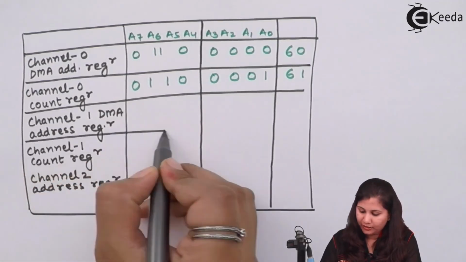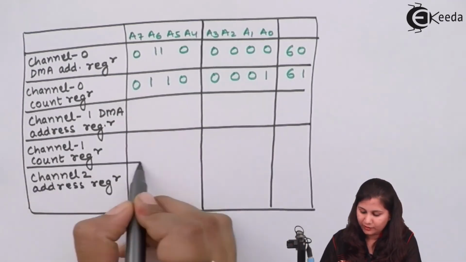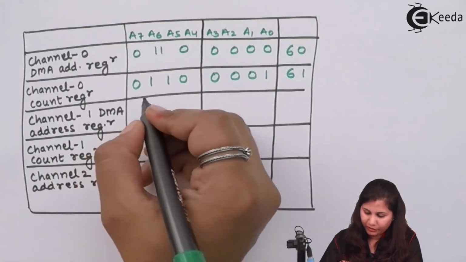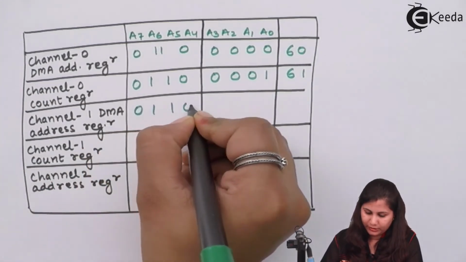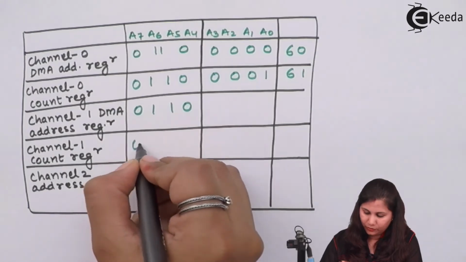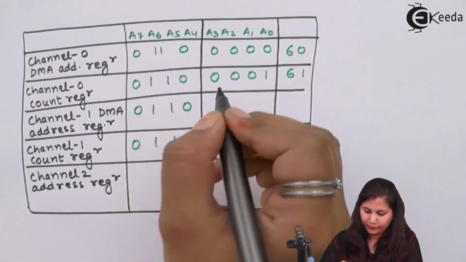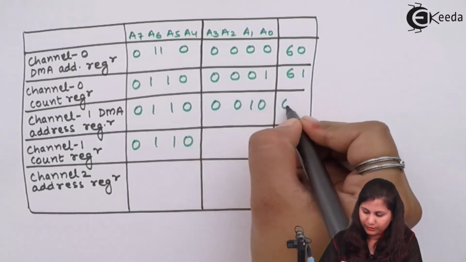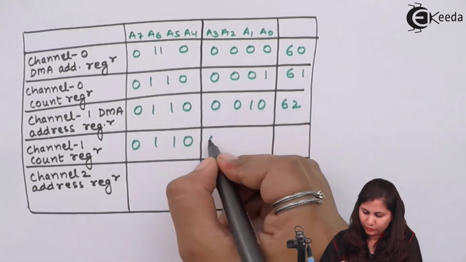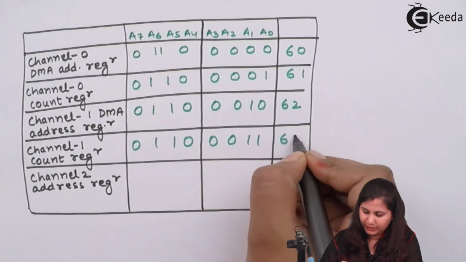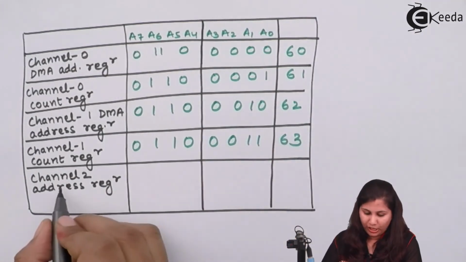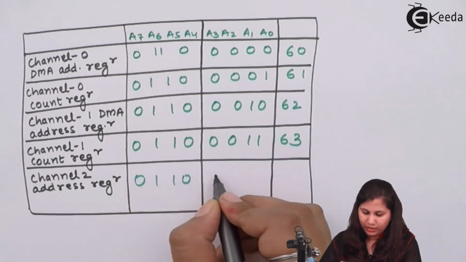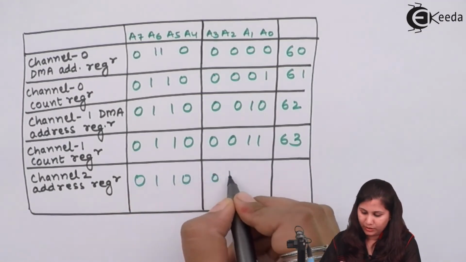Then we have the channel 1 address register and channel 1 count register. For channel 1 we have again 0, 1, 1, 0 and then 0, 0, 1, 0, so it is 62, and 0, 0, 1, 1, it is 63. For the channel 2 address register, again we have 0, 1, 1, 0 and here we have 0, 1, 0, 0.